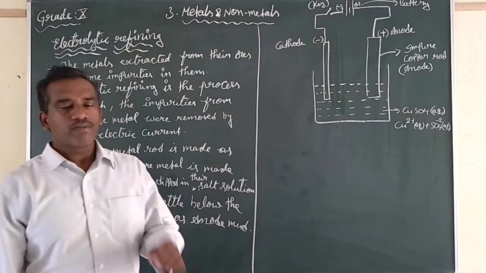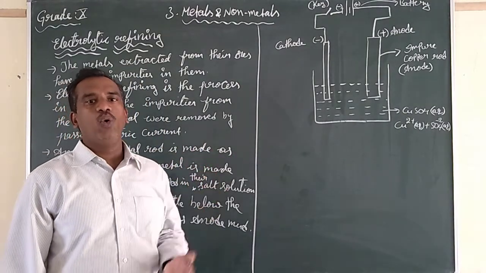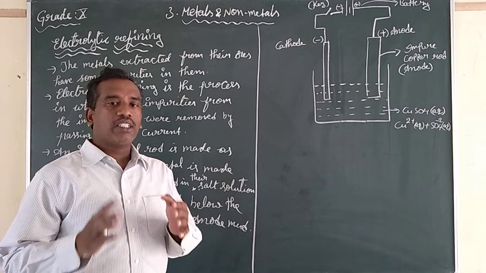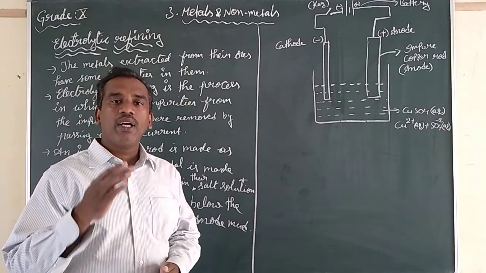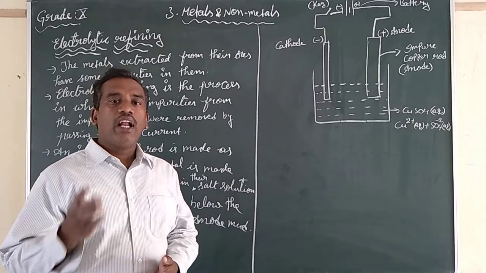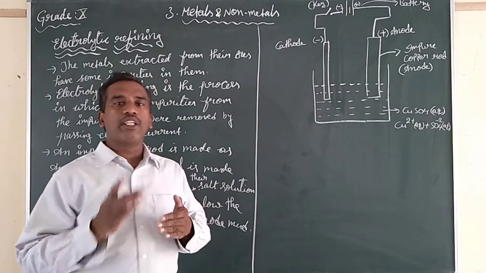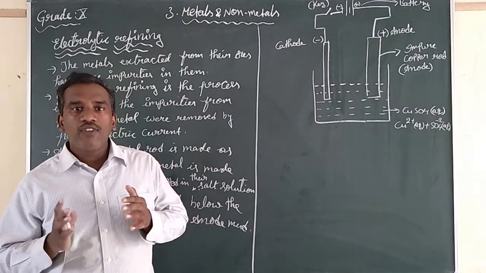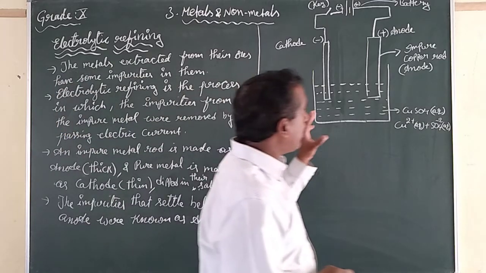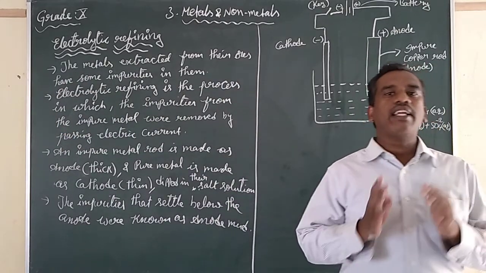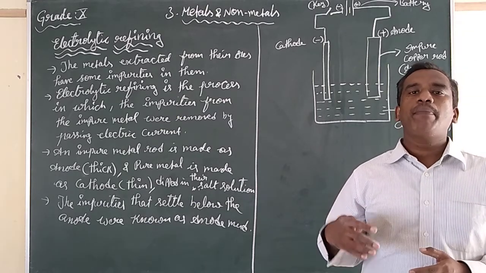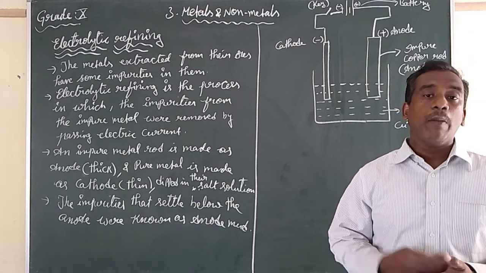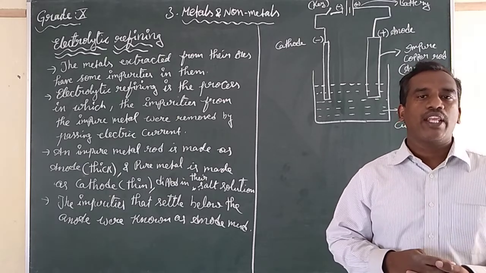After extracting the metal from the ore, this metal will have some impurities. Now our task is to remove the impurities from the metal. This is done by passing electrical energy through the impure metal rod, making it the anode.